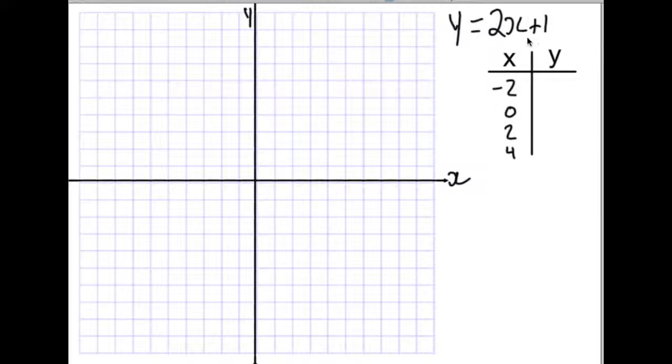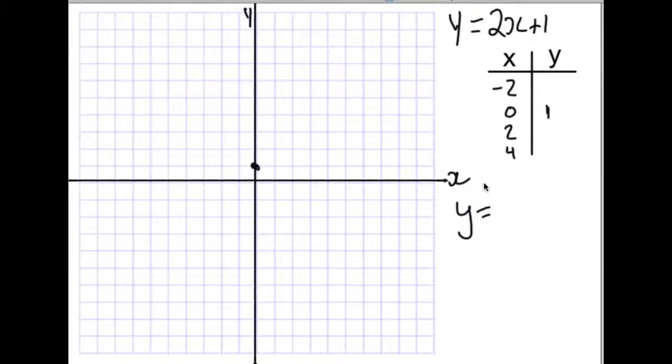Now if I look at this, my y-intercept gives me a clue for my first dot. And what that tells me is the y-axis has an x value of 0. So I know that at 0 and +1, this line is going to cross here because that's my y-intercept, the +1. So to find these other ones, I need to use my equation.